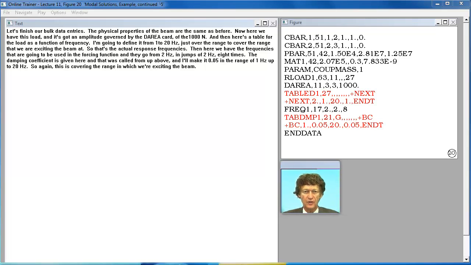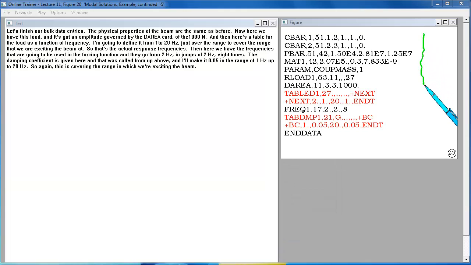Let's finish our bulk data entries. The physical properties of the beam are the same as before. Now here we have this load, and it's got an amplitude governed by the DAREA card of the 1000 newtons, and then here's a table for the load as a function of frequency.